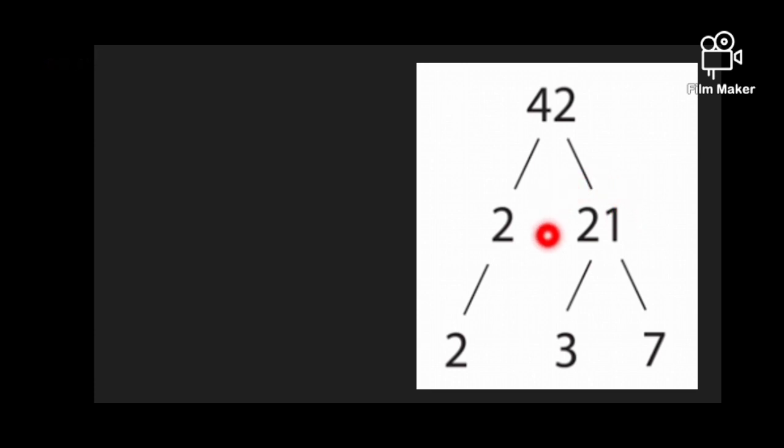Then 21 is an odd number or a composite number, so it will be divided into more factors. So 3 7s are 21. Now the prime factors of 42 are 2, 3 and 7.